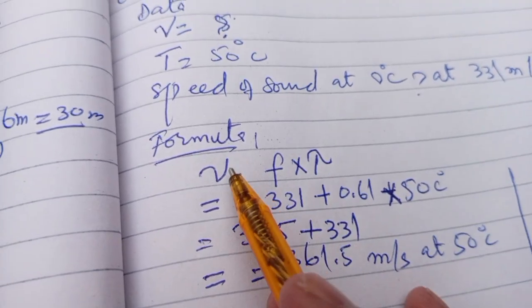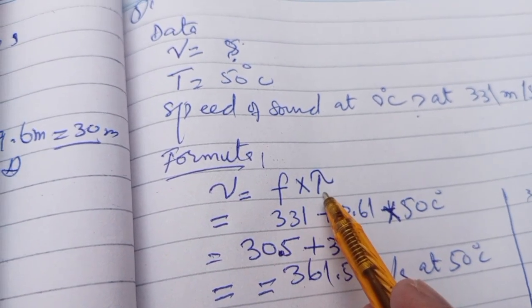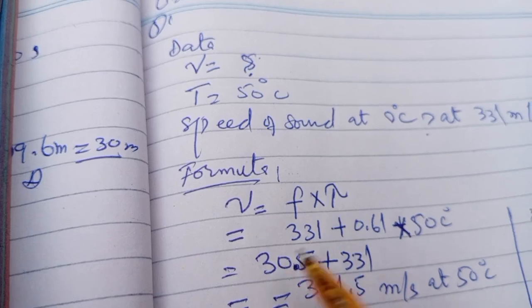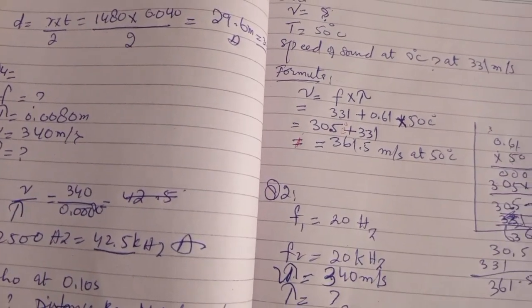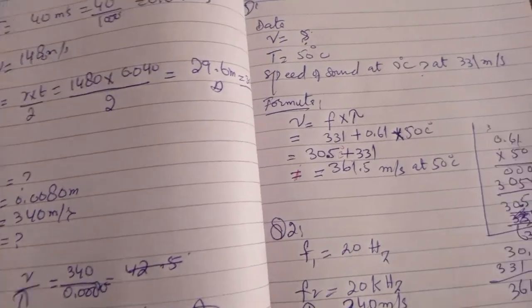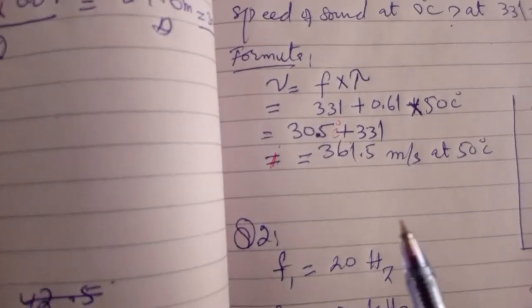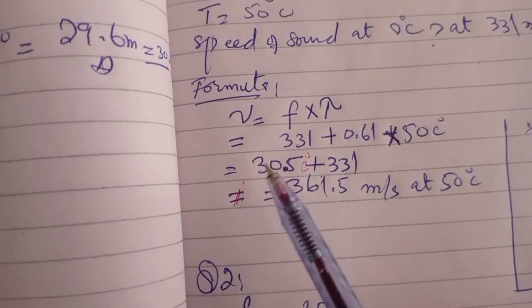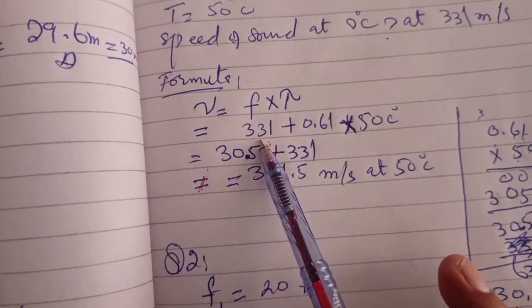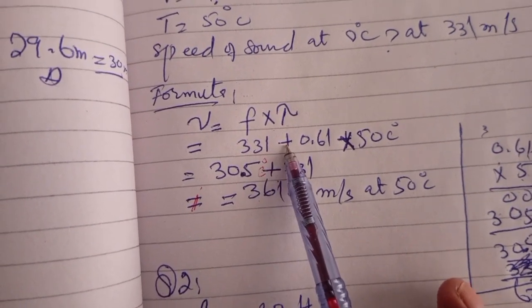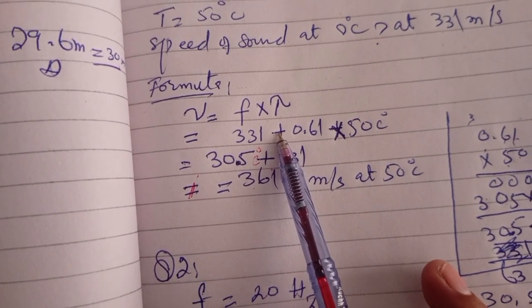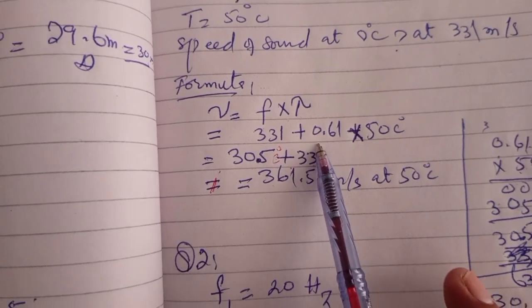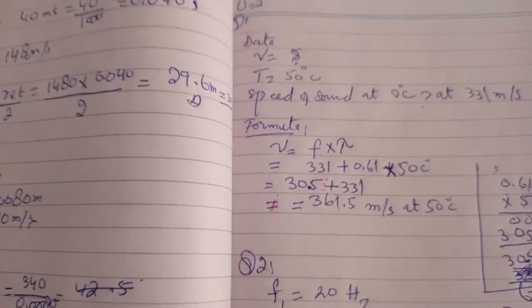The formula is v equals f into lambda. Now that we have written the data and the formula, it is time to put in the values. The speed at 0 degrees is 331 meters per second, and the increase is 0.61 multiplied by 50 degrees centigrade.